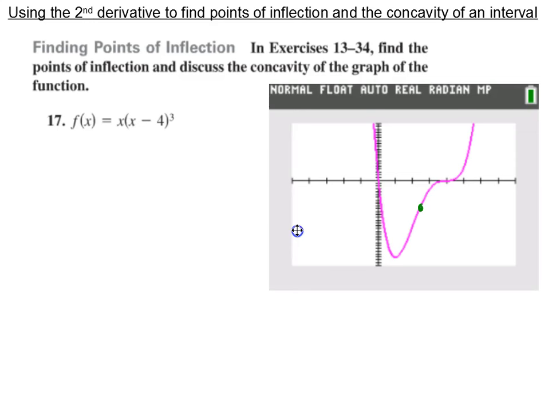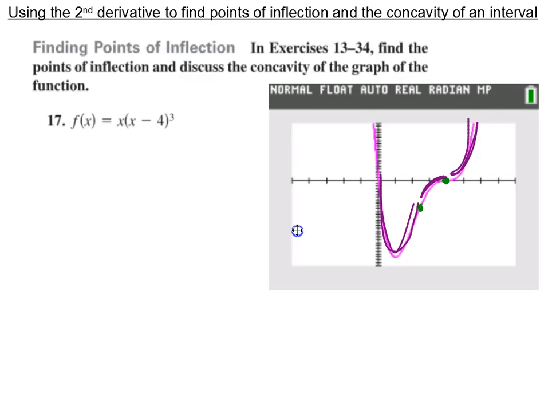It looks like I also have another point of inflection right there on the x-axis. Doesn't it look like the concavity changes right there at 4? So I'm guessing that my concavity is going to be up to the left of about 2.5, down between 2.5 and 4, and up again to the right of 4. Well, to actually find out what's going on, I need to apply my calculus.